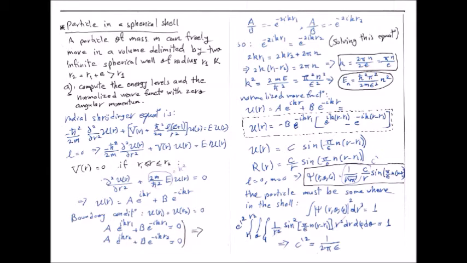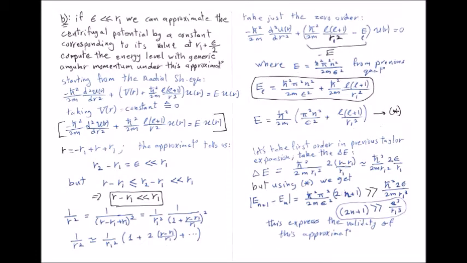So now to find this constant C prime, I need to use the normalization. That means the particle is somewhere at any moment; it should be somewhere in the shell. So the integration over this volume of the square of the wave function should be equal to 1, which represents probability.